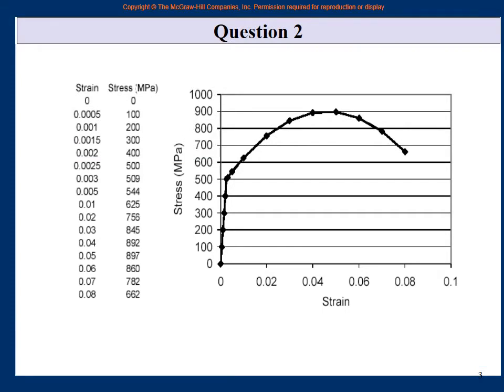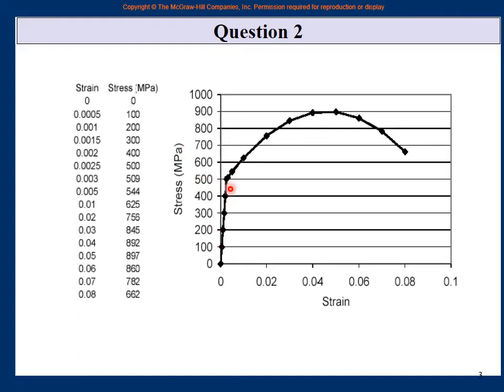So I am showing you just the graph now, and you see this is the straight line, and from here you start the curve. This is one of those curves we have specially constructed. This is a real material, by the way, where the end of the straight line is very clear, at 500 megapascal.